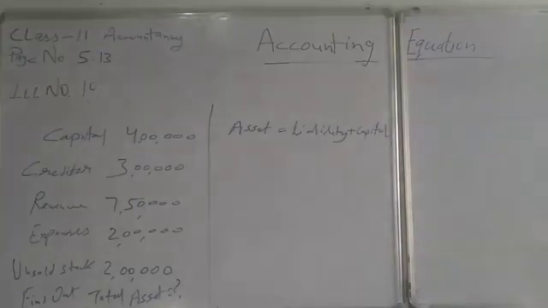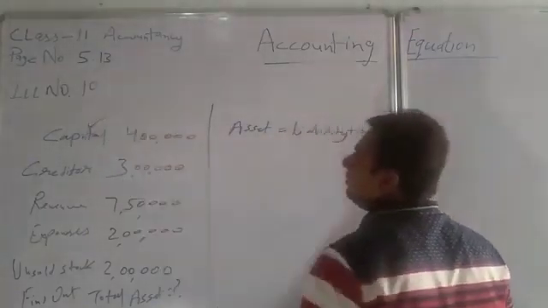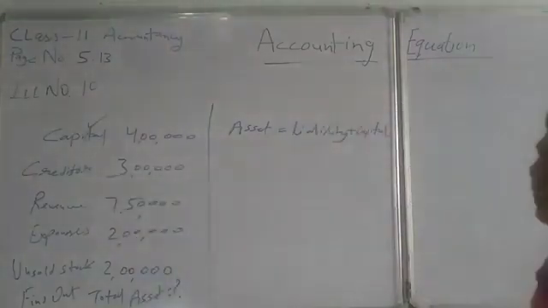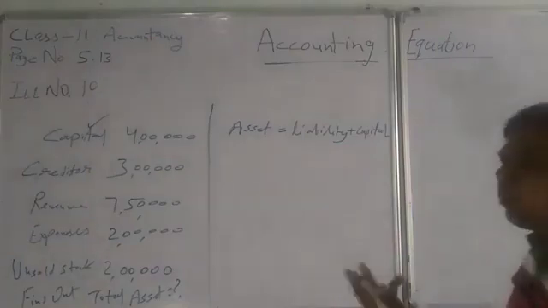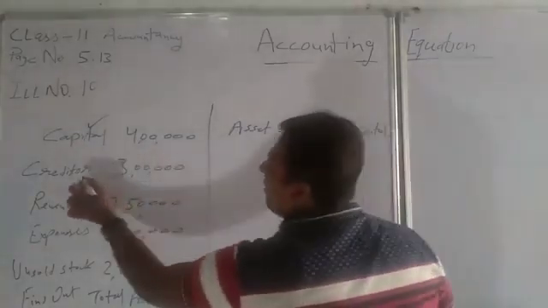Okay. So now we have the capital. Okay, creditor. Creditor is what? To whom we have purchased goods on credit. We have to pay money to him. So it's our liability. So liability is also available.